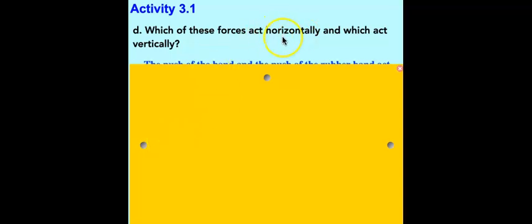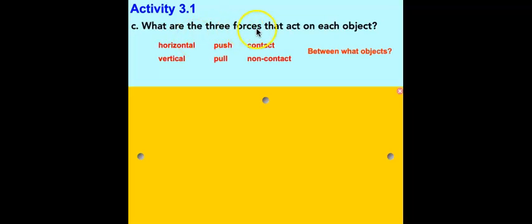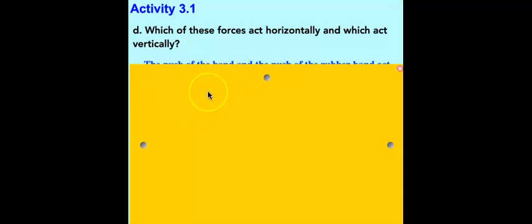Look for the ones that talk about being horizontal. Then look for the word vertical or vertically. Remember, you had three forces, so which ones use the word vertical? Then put those down here.